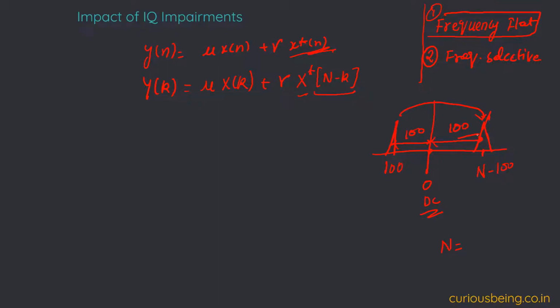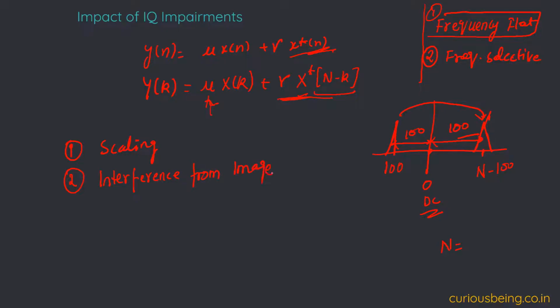Okay, so what it is showing me in frequency domain is that the signal is scaled and also distorted or interfered by its mirror frequency. So it is introducing scaling, and second, interference from the image.